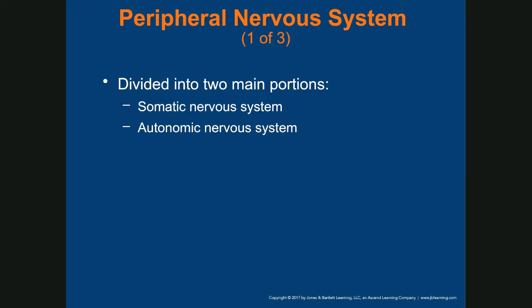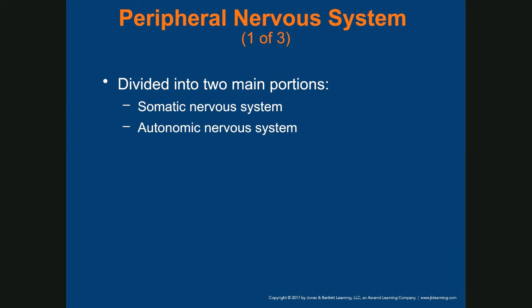Now, the peripheral nervous system is divided into the somatic nervous system and autonomic nervous system, right? So the nervous system consists of the central nervous system, which is the brain and the spinal cord, and the peripheral. Peripheral means to be away from, right?